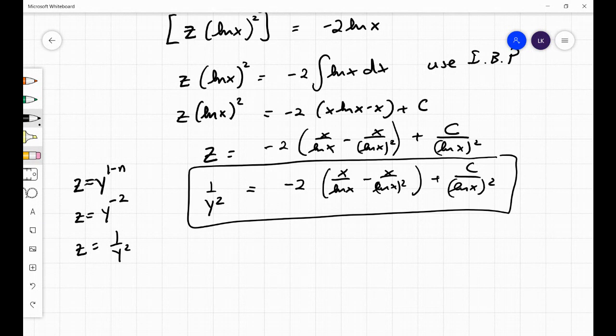Okay. All right, so that was just a quick review of Bernoulli. So now we're going to get into exact differential equations.